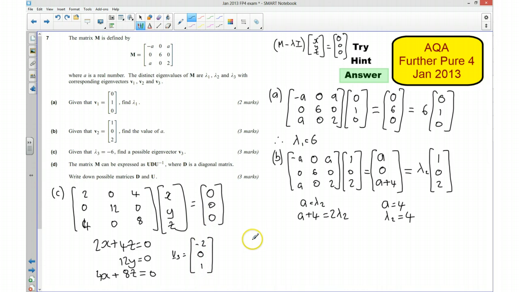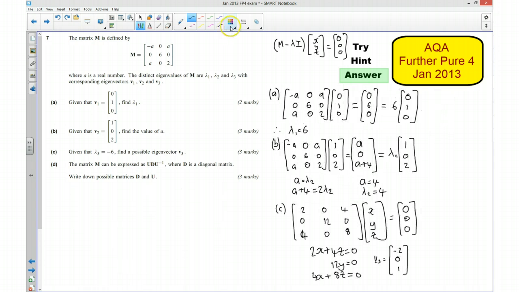Okay, finally part D, so I'm just going to tidy up a little bit.